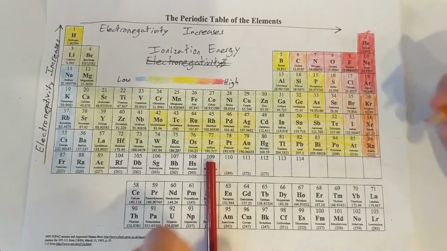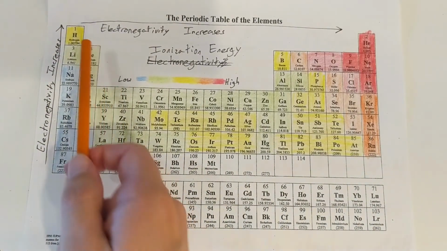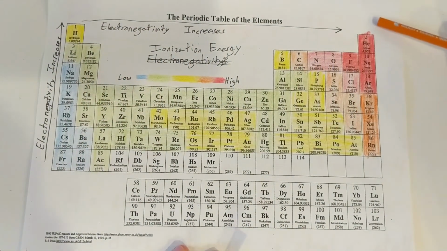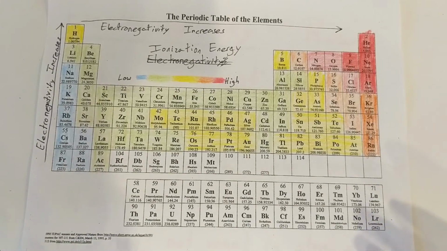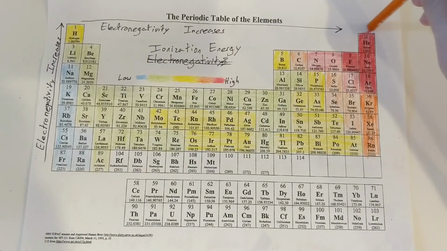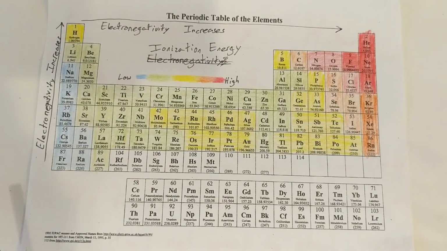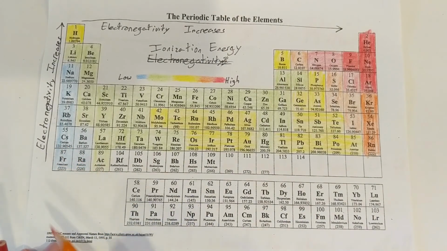So just like electronegativity, ionization energy increases going up and ionization energy increases going this way. The difference is we include our noble gases here. So our element with our highest ionization energy is going to be helium. And our element with our lowest ionization energy, the easiest electrons to steal, are going to be from francium down here.